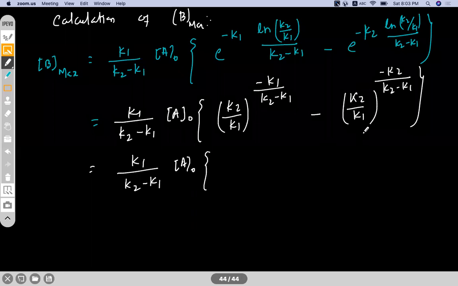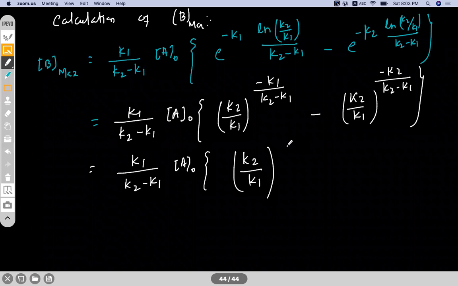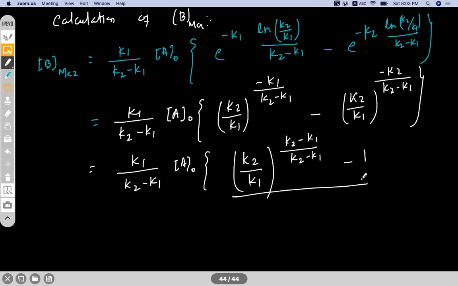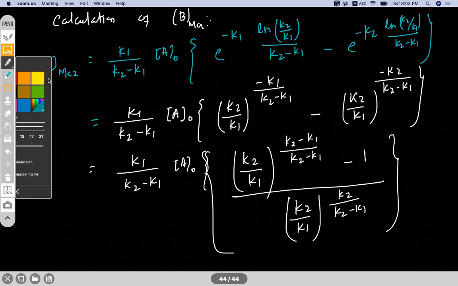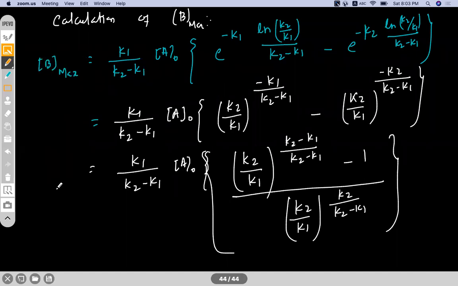When you take this in the denominator and multiply here, I can write this as K2 by K1 to the power K2 minus K1 by K2 minus K1 minus 1, and the entire thing is divided by K2 by K1 to the power K2 by K2 minus K1, bracket close. Is this fine? Tell me. Yes, sir. Yes.